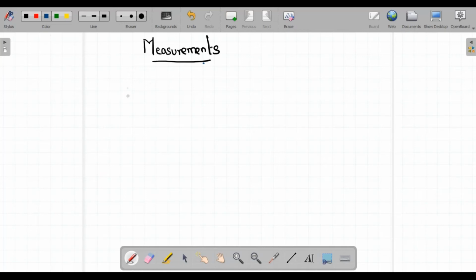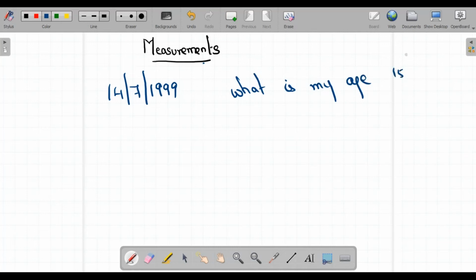Say for example, I will say my birthday is 14/7/1999, and I am asking what is my age when it is 15/5/2019. Okay. So now what we have to do, we have to subtract from this date to this date, how many days are there.